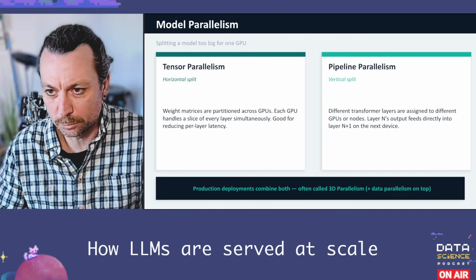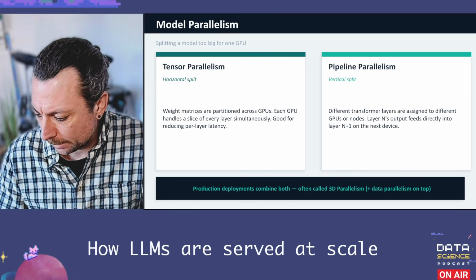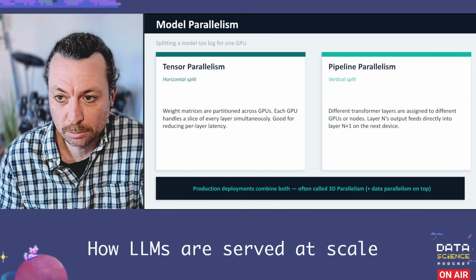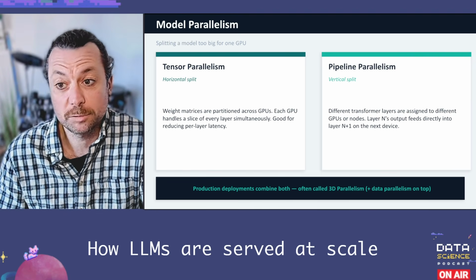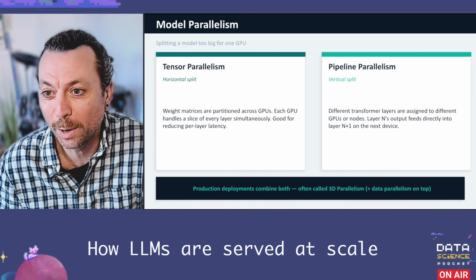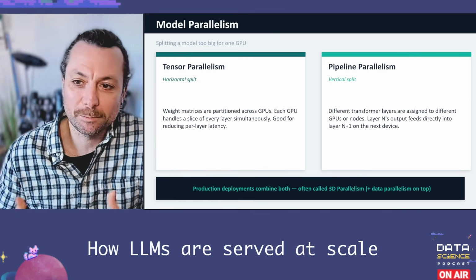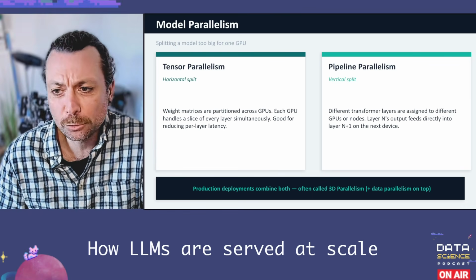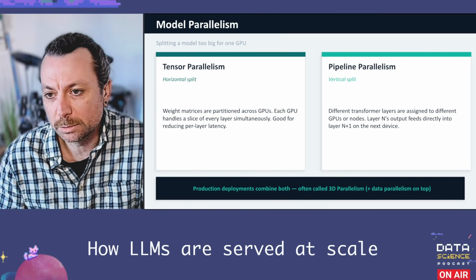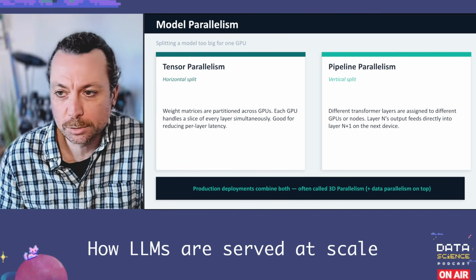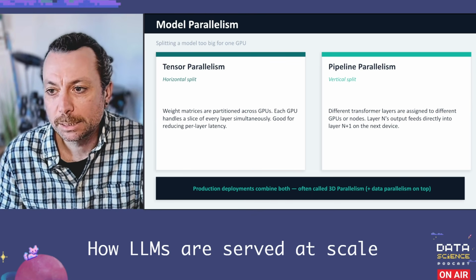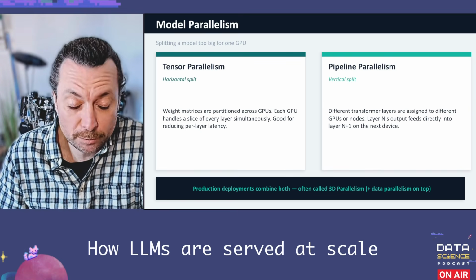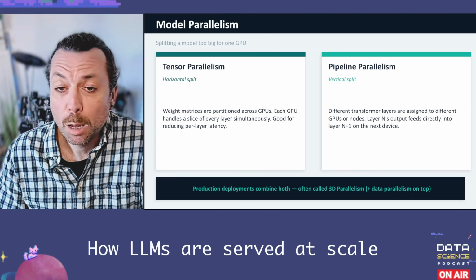This is something that goes beyond large language models, and it's the typical parallelism that we find in computer services since way before the 90s. Well, when you speak about services in production at scale, there are two factors that you want to take into account, which are the so-called horizontal split and vertical split. The first is typically referred to as tensor parallelism, and the second, pipeline parallelism.